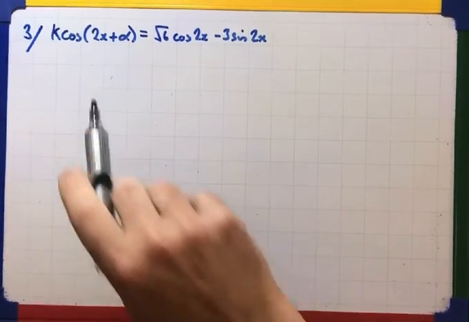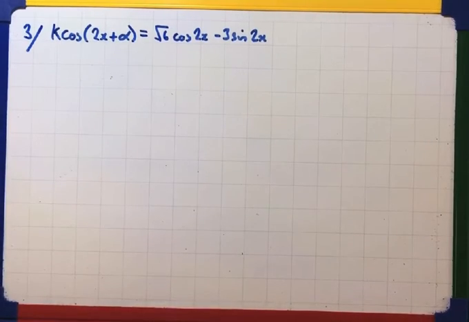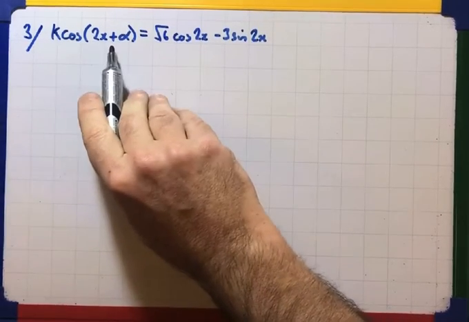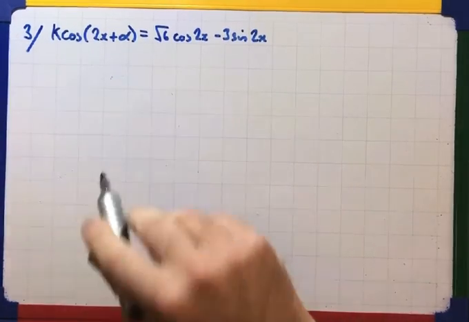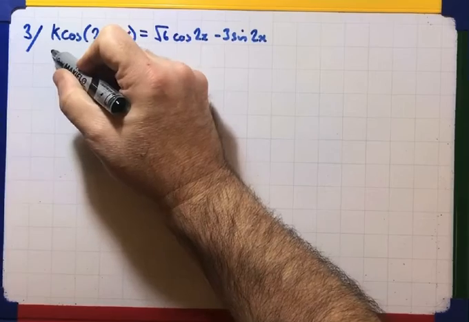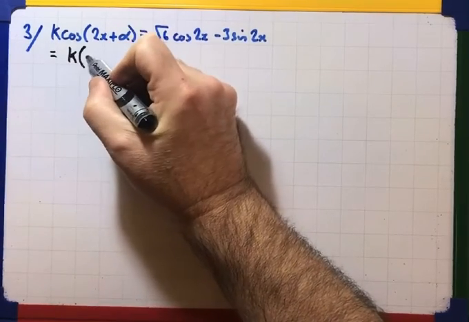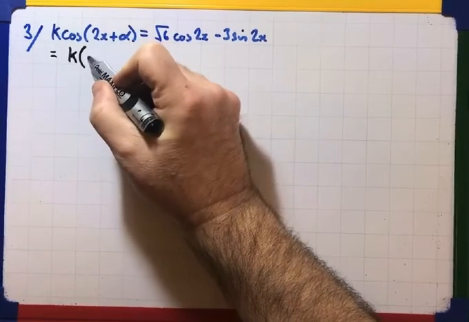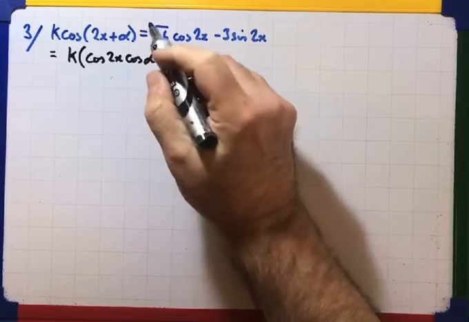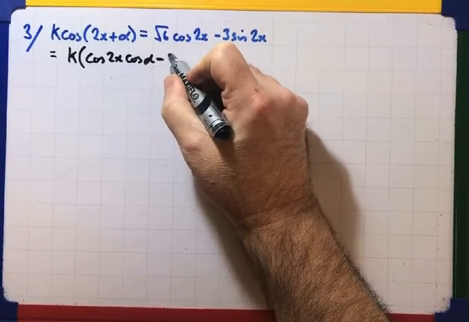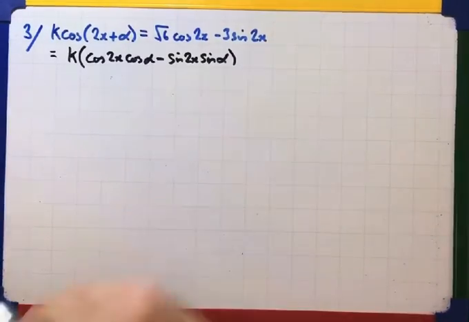Okay, last question looks a bit different, but we don't need to worry about that in the first part. It's exactly the same as the other ones. Expand this thing, compare it to that, and we'll find out what alpha and k are. This time, if I expand it, I've got k. Now remember, cos of a plus b will be cos 2x cos alpha minus sine 2x sine alpha.